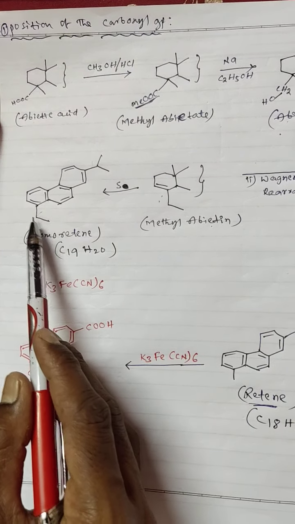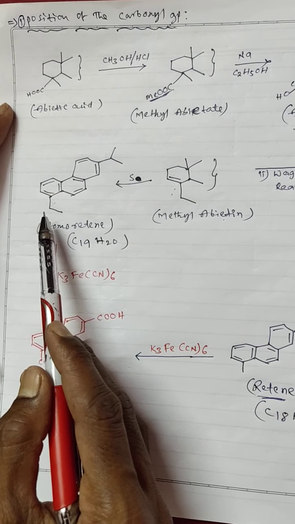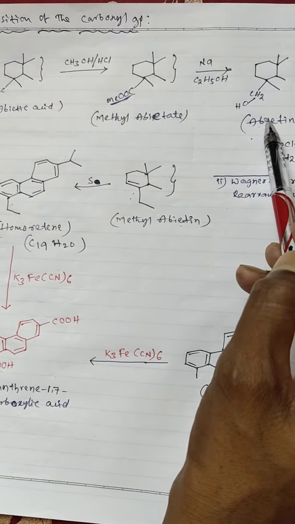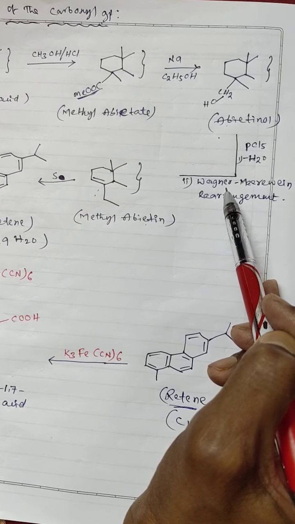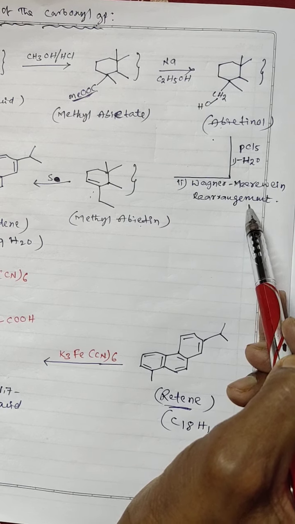So the formation of the ethyl group in homoretene can be explained by assuming that abietinol first undergoes dehydration and then Wagner-Meerwein rearrangement.